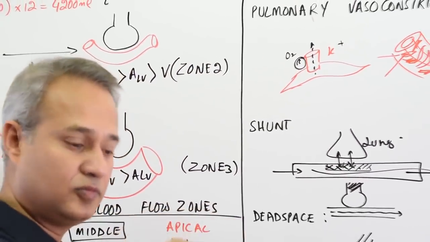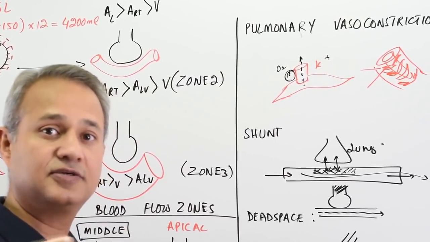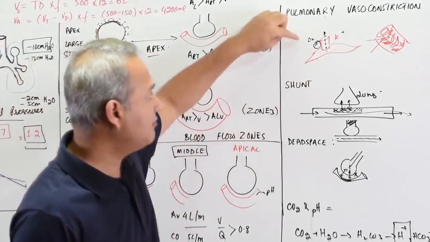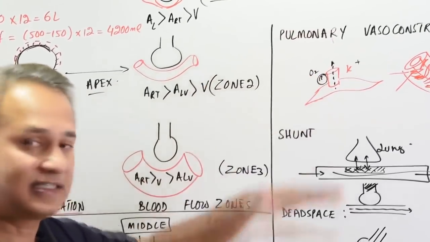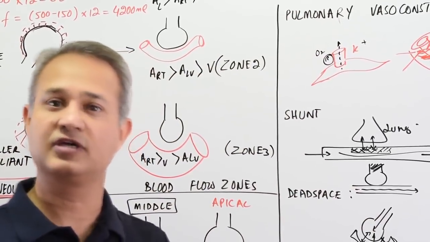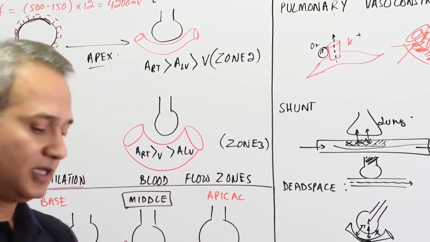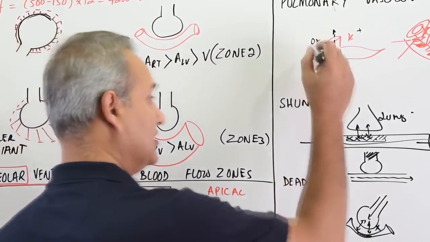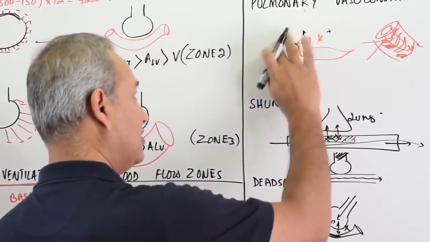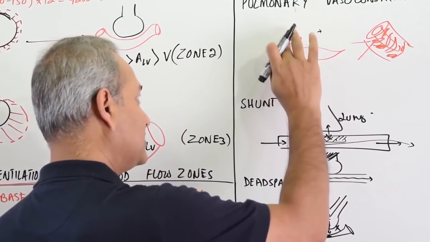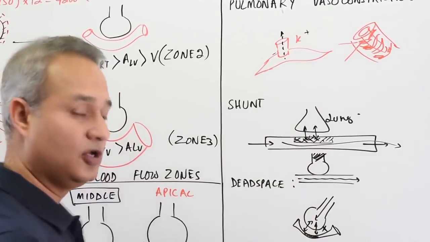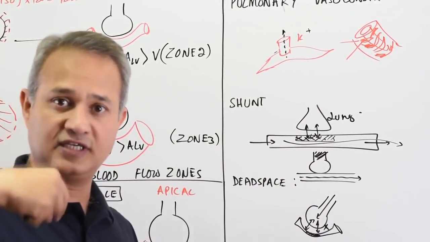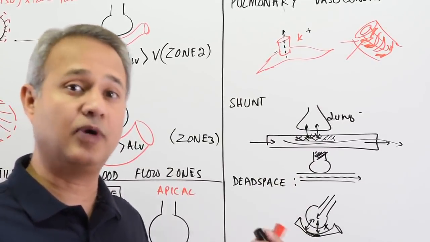And when potassium leaks out, there is the normal resting potential that is created. So now when the oxygen is present, then the potassium ions are moving out and the resting potential is there and the muscle is acting normally. If for some reason hypoxia happens, the oxygen is absent, so either the patient is in an environment where he cannot receive lots of oxygen, or the oxygen is coming in but it is not going to that part of the lung.